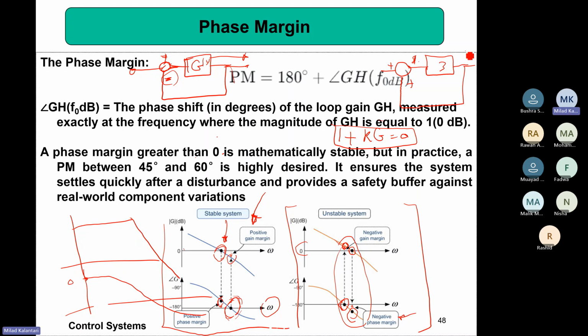Then the output will be 3, and this 3 will come back to the input of the system. 3 times 3 is going up, right? It will not go down. That's why if you have positive feedback and the gain is there, this will grow.